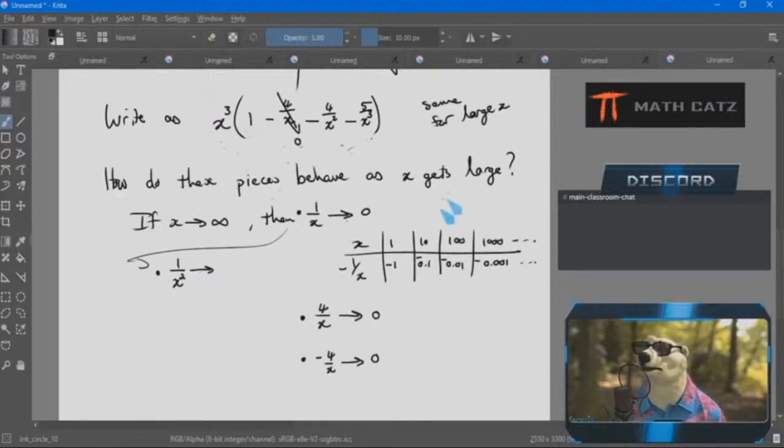So if I make my little table, it's just going to go to 0 faster. Now, this arrow doesn't indicate speed. It's just which direction is it going, how does it behave. So is everyone happy that 1 over x squared will get smaller and smaller to 0, really as close as I want, if x is just big enough? Is everyone happy with that?